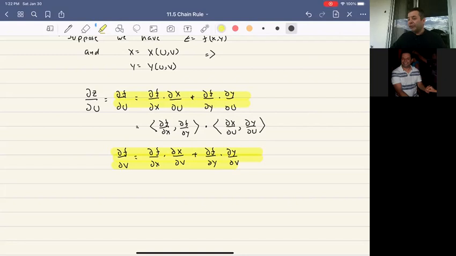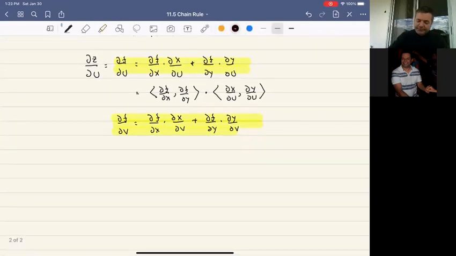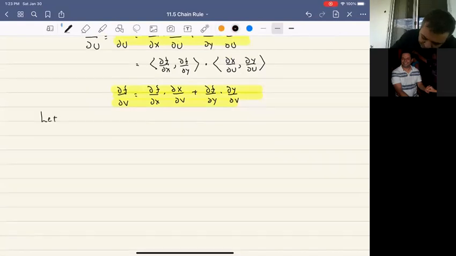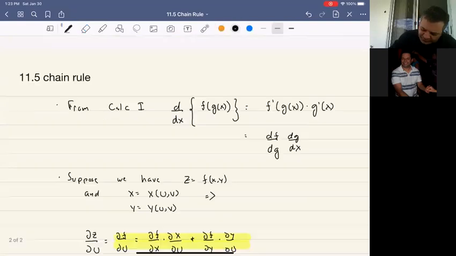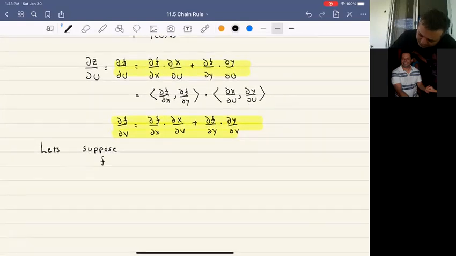Let's do our first example. Let's suppose f of x, y equals 3xy plus 2x squared.